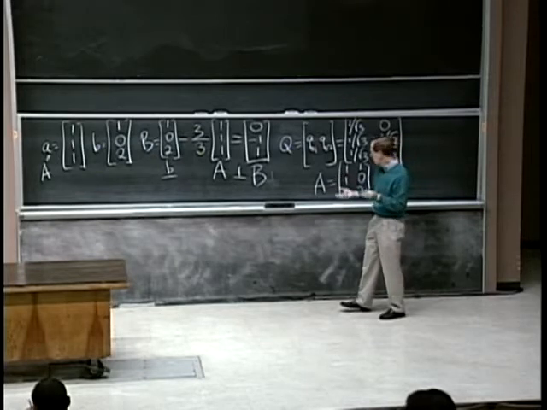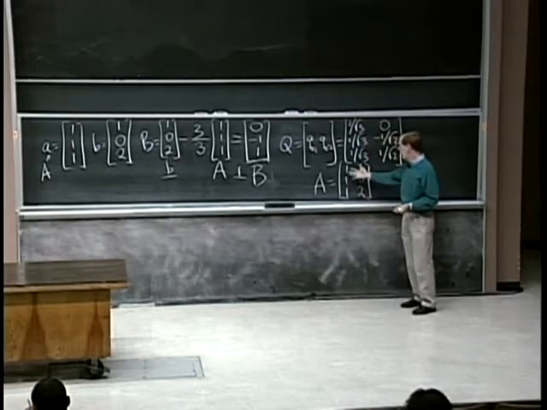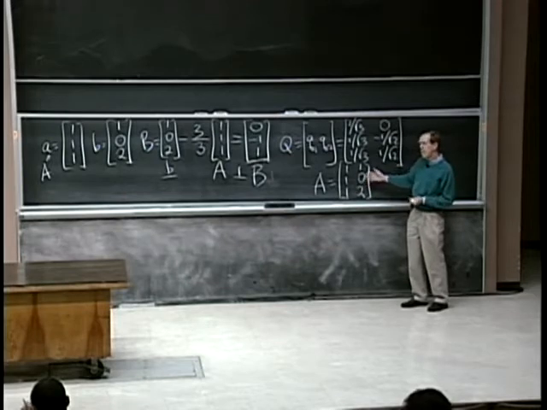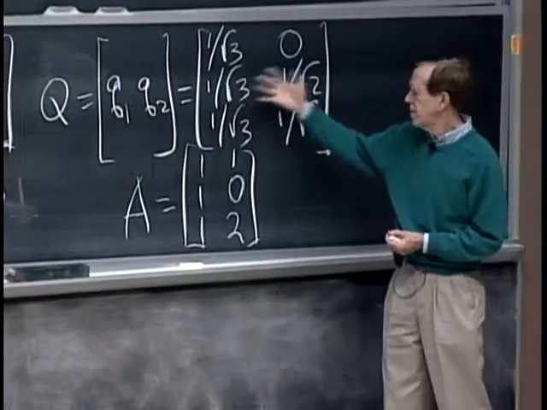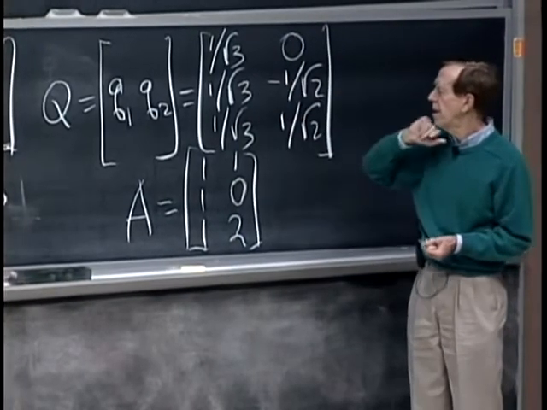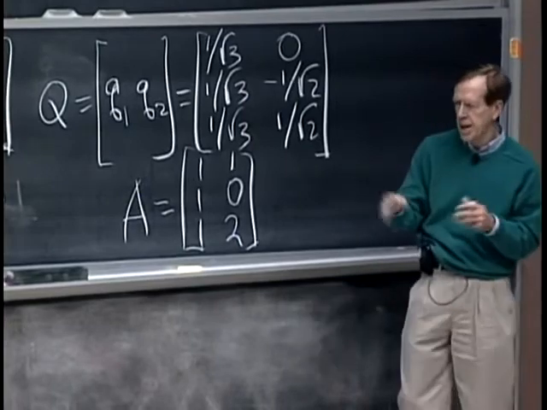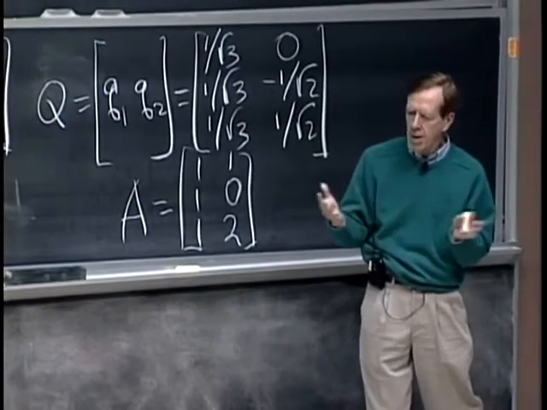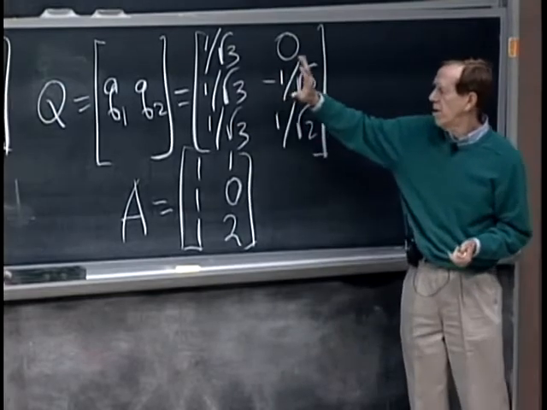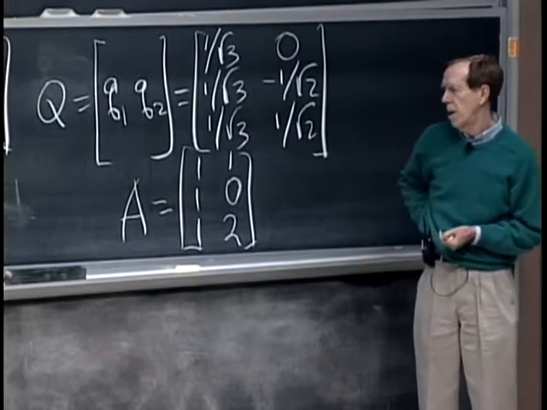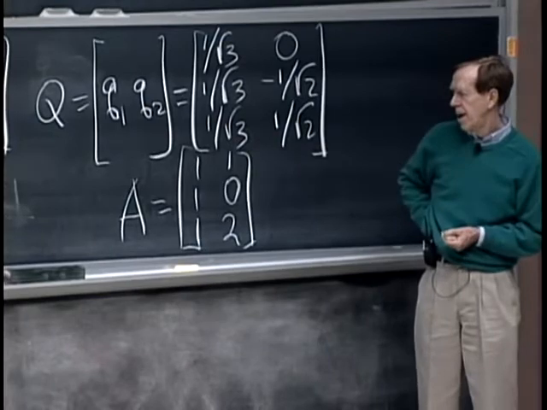My original column space had a perfectly good basis, but it wasn't as good as this basis, because it wasn't orthonormal. Now this one is orthonormal, and so projections, all the calculations I would ever want to do are a cinch with this orthonormal basis.